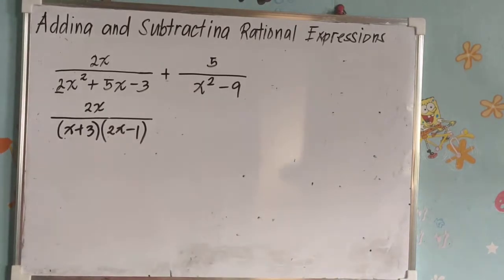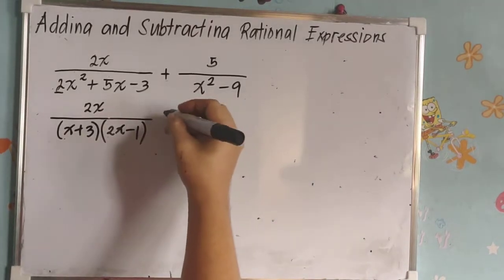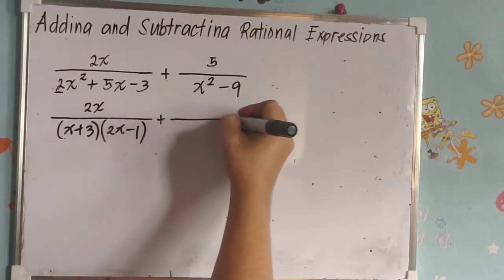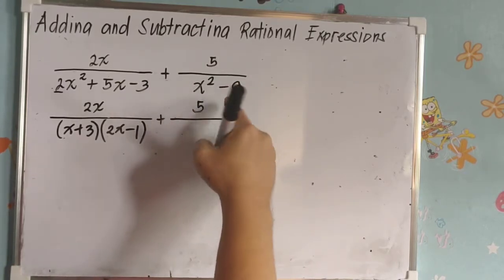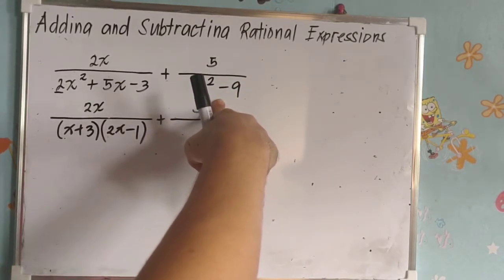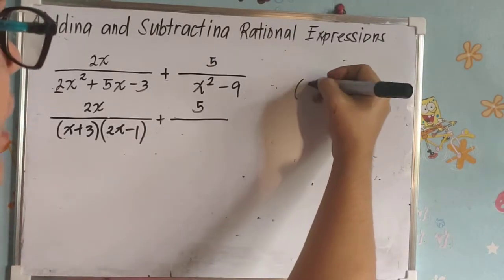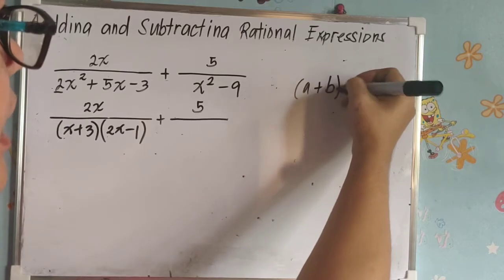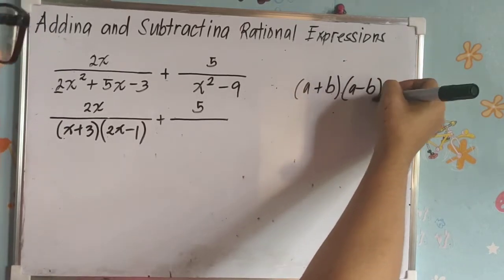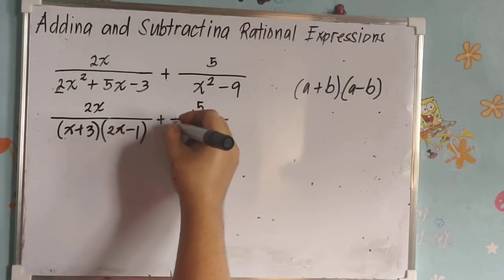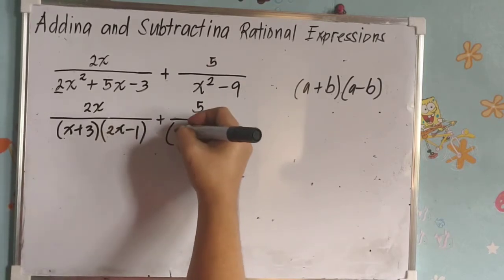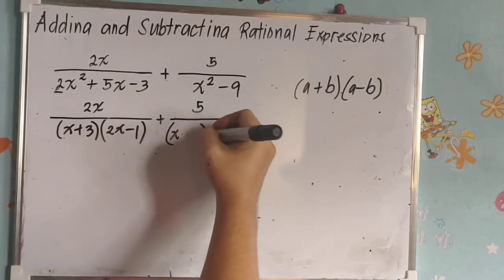Next, we have x squared minus 9. Again, this is sum and difference of two terms. So x squared minus 9 follows the format of a plus b and a minus b. So we have here x squared, so we have x.